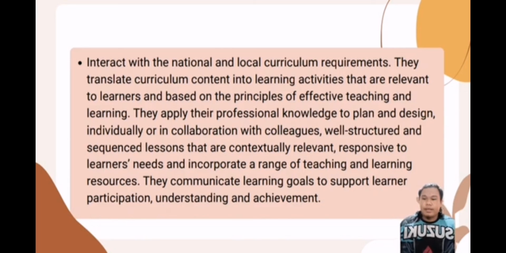Also, it includes the learning goals to support students' participation, understanding, and achievement. In other words, it is expected to have students' learning outcomes.